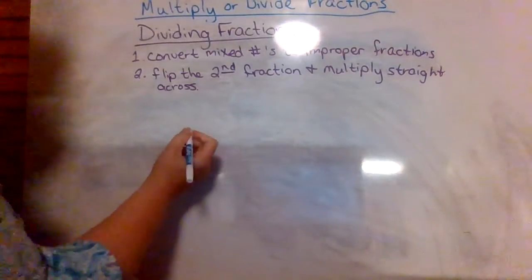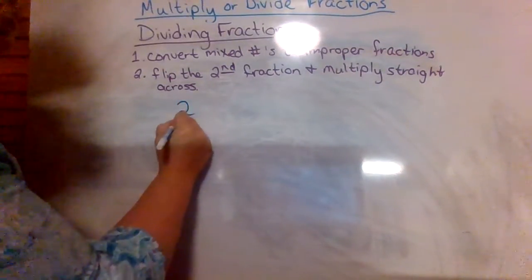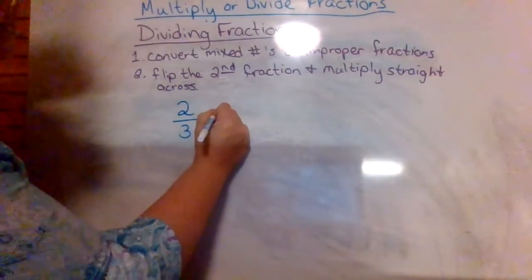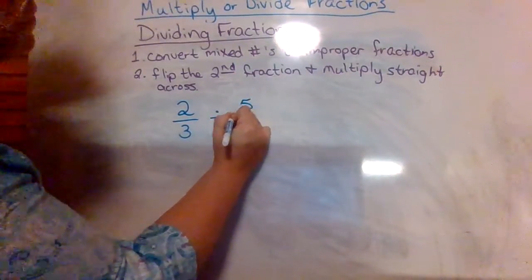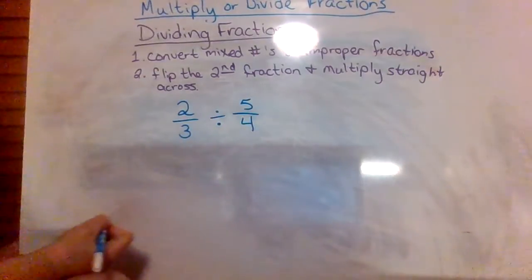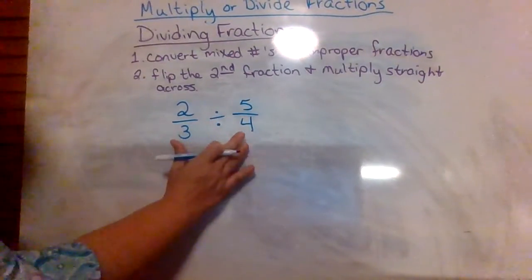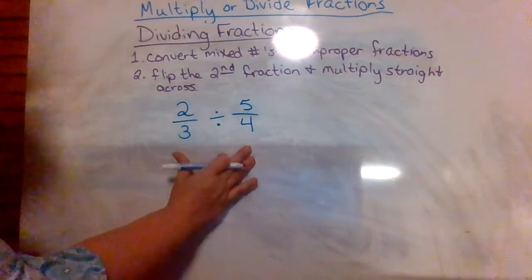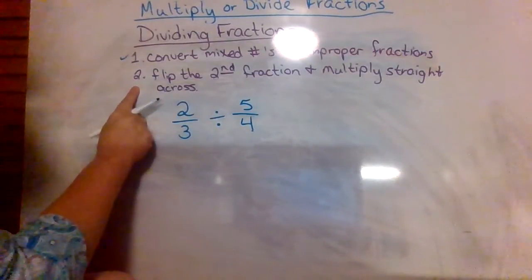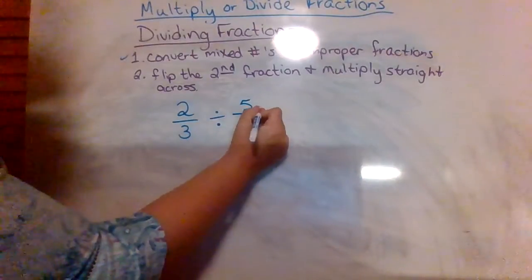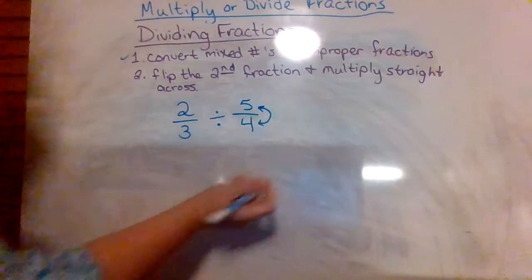So if I give you 2/3 divided by 5/4. I already converted the mixed number for you. So this part's done. So the next part is I'm going to flip this. So you're literally flipping it upside down.